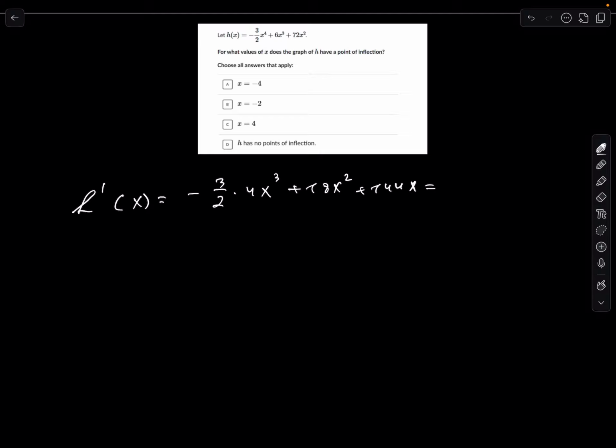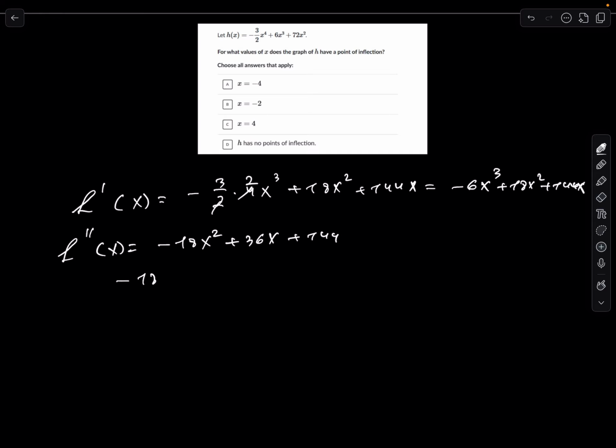If we simplify it, we're going to get negative 6x cubed plus 18x squared plus 144x. Then h double prime of x is going to be equal to negative 18x squared plus 36x plus 144. And we have to make our second derivative equal to 0 if we want to find the inflection points.